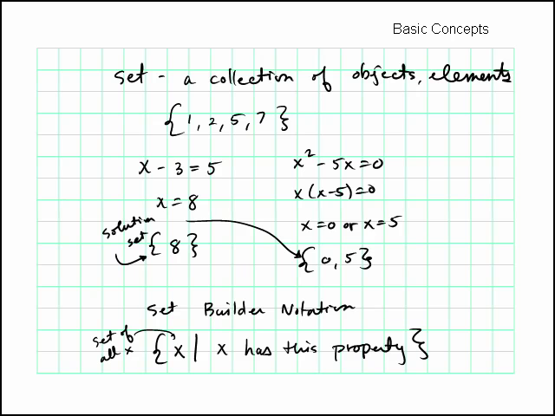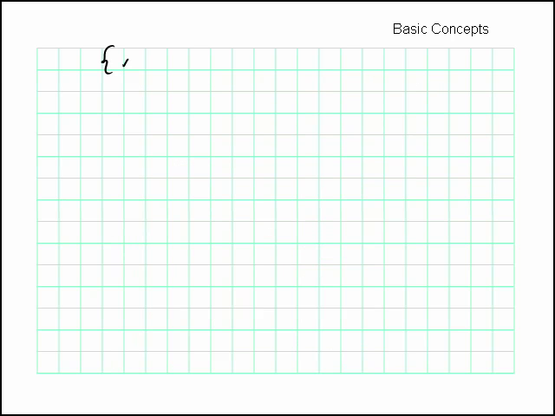For example, all x's such that x is an even number between 5 and 11. So you're looking for all the numbers, all the x's that meet this requirement. All the even numbers between 5 and 11 would be 6, 8, and 10. And so this is the same as the set 6, 8, 10.